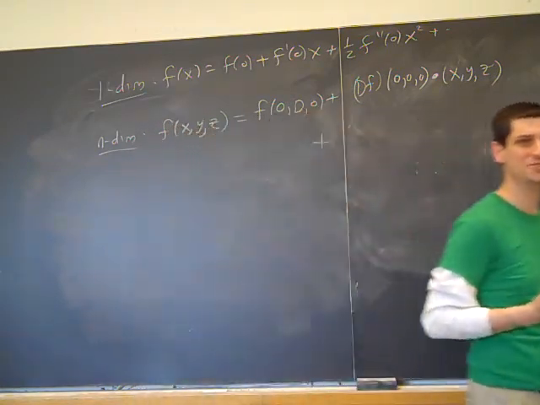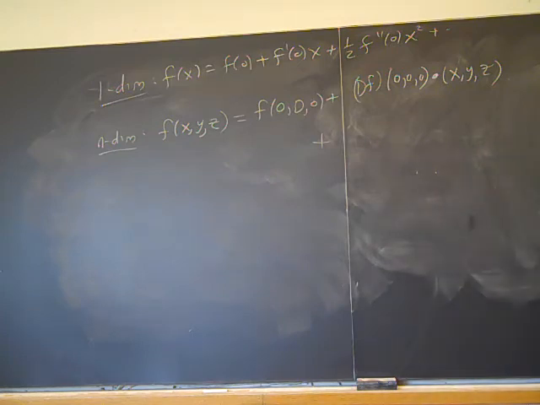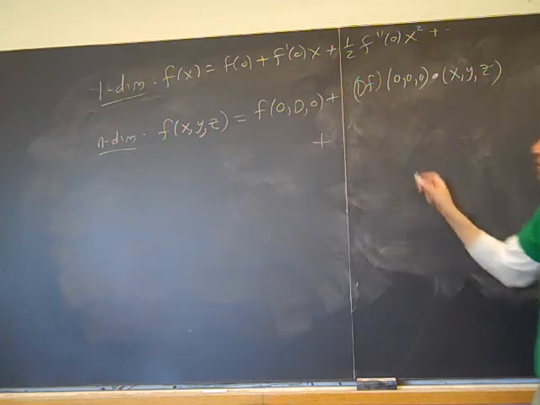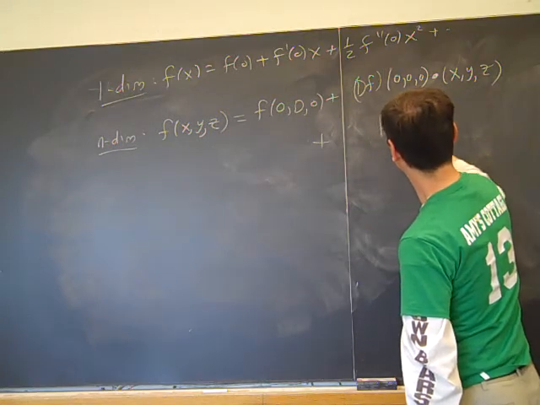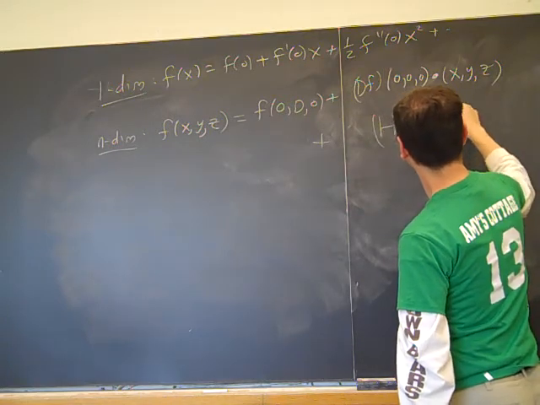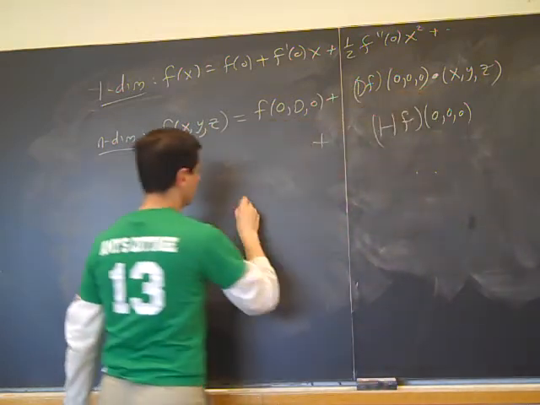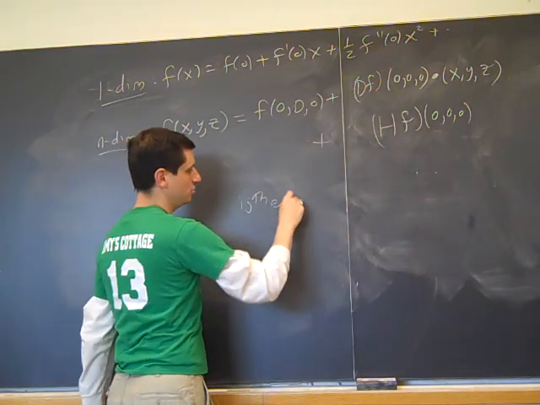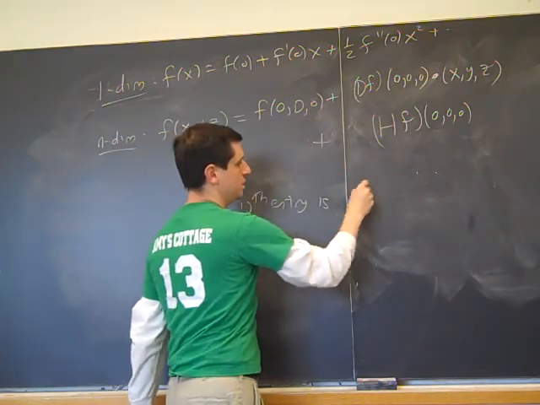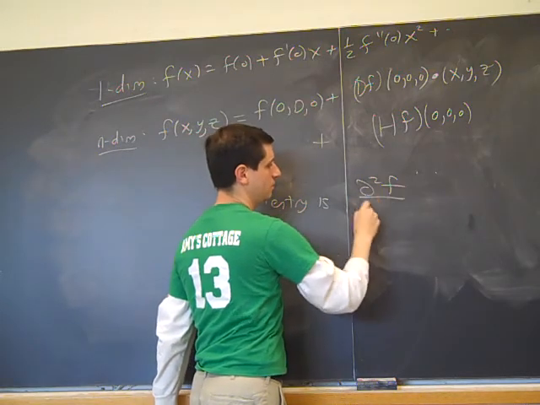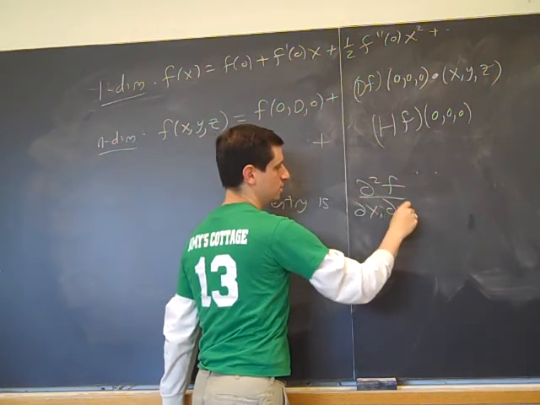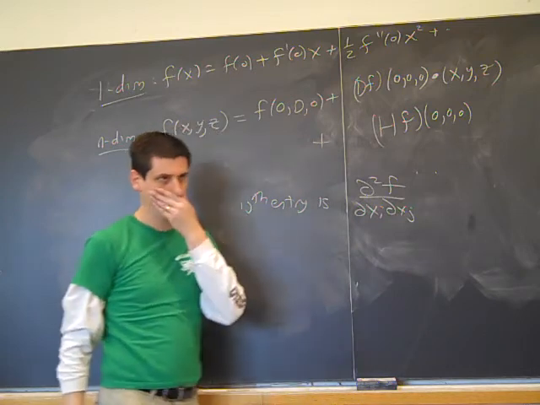Beyond a matrix comes a tensor, and then beyond that, it's roll up your sleeves, head for the hills. Okay? So we have the Hessian. It is a matrix. The ijth entry is the second derivative of f with respect to xi and with respect to xj.